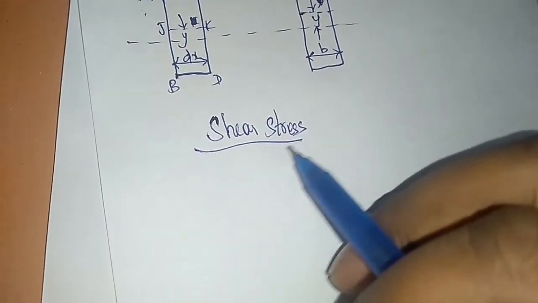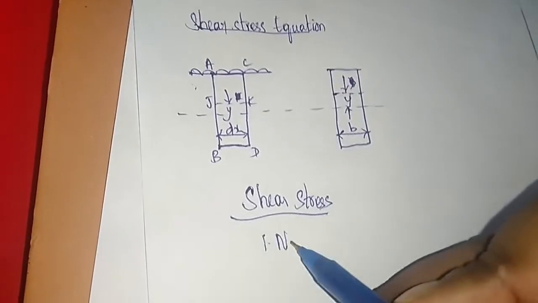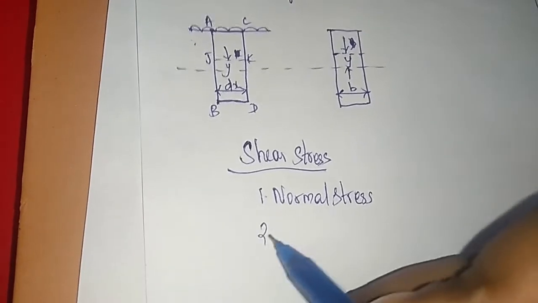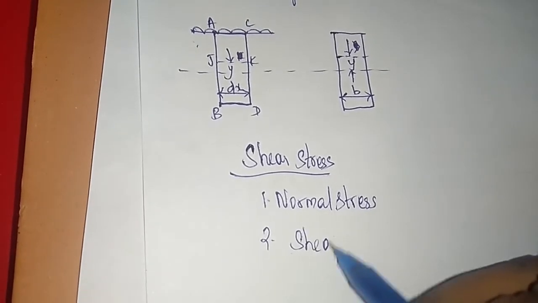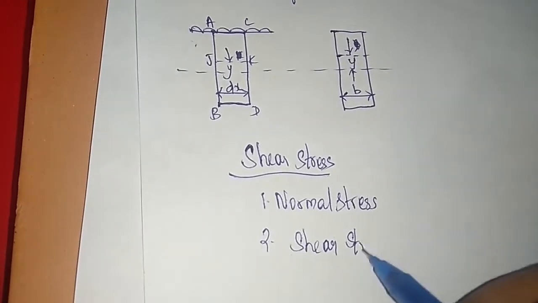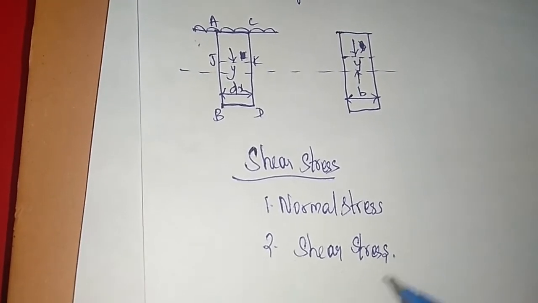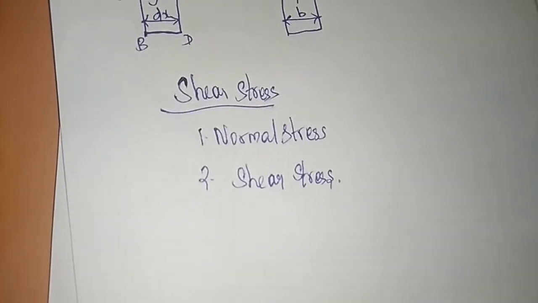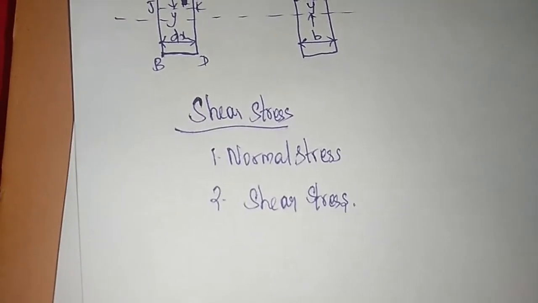One is normal stress and the other is shear stress. Two types of stresses will act on a beam if it is loaded.